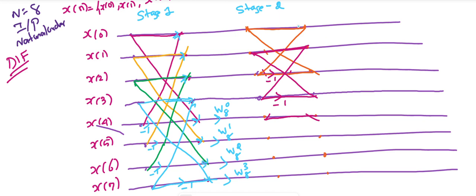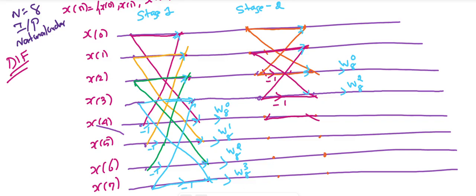Similarly in the second stage, for each butterfly the computation for two complex numbers, properly we have to give the directions. Okay, so this output lower wing should be W08, and this lower wing will be W28.